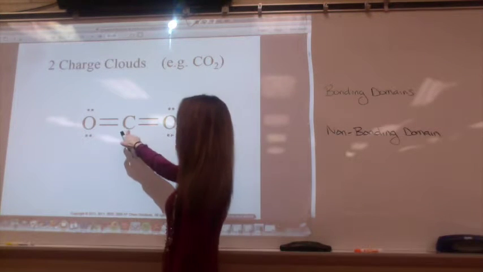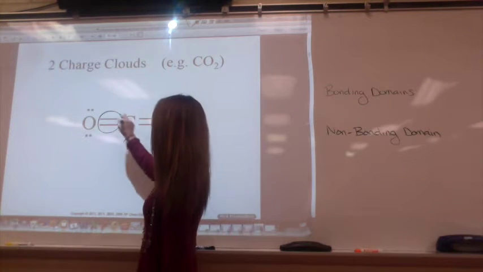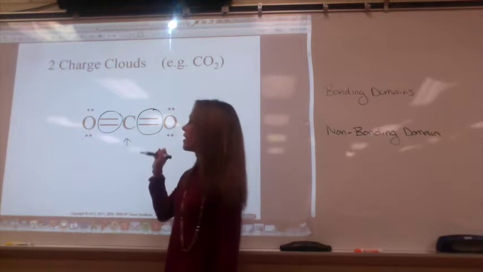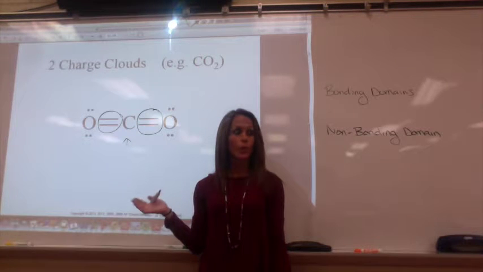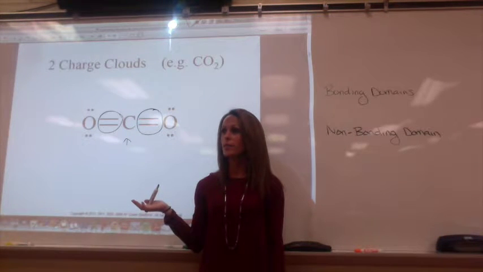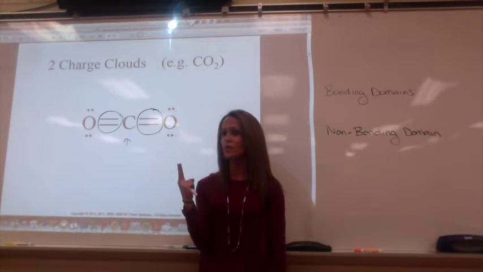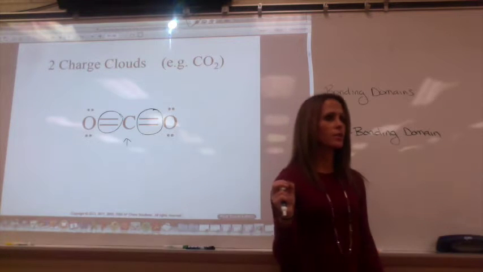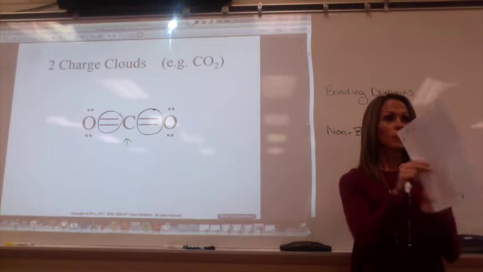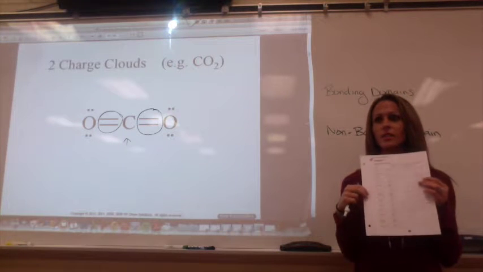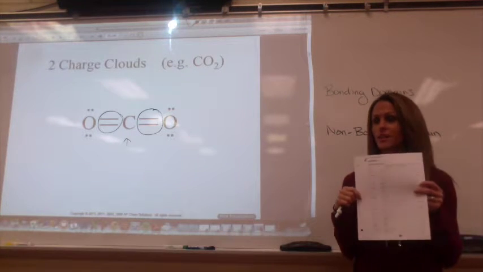So on the central atom, I have 1 domain, 2 domains. Are there any non-bonding? Lone pairs are non-bonding. There are no lone pairs on the central atom. I have 2 bonding domains, 0 non-bonding domains. So which one does that match? Look at this. Find 2 bonding and 0 non-bonding. Say it.